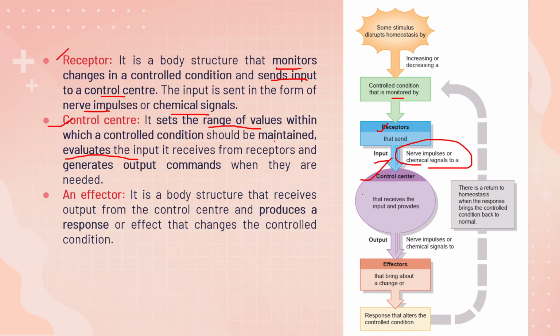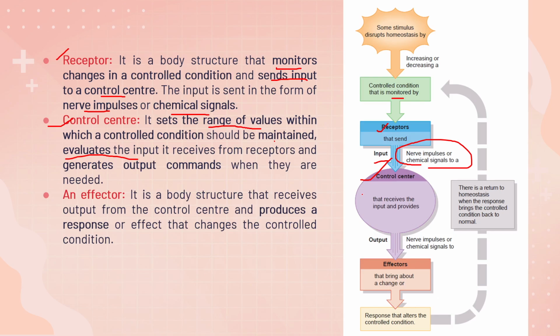Again, these output signals are in the form of nerve impulse or chemical signals, or chemical messenger. Now the output signal will go to the effector. What is the effector? The effector has the ability to produce a response, to give the reaction.